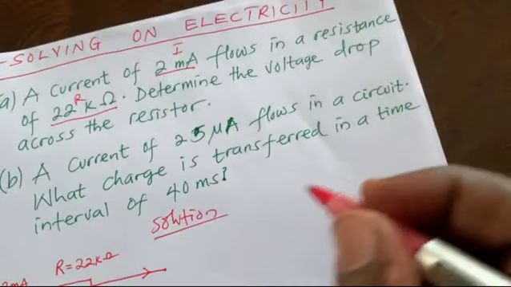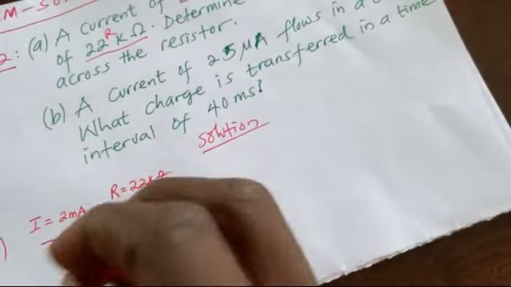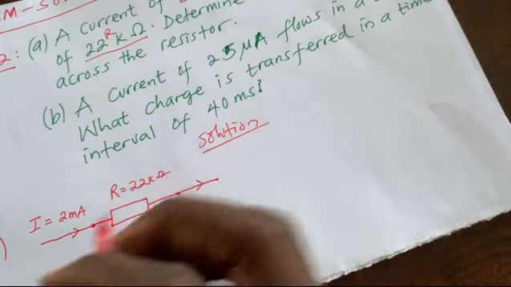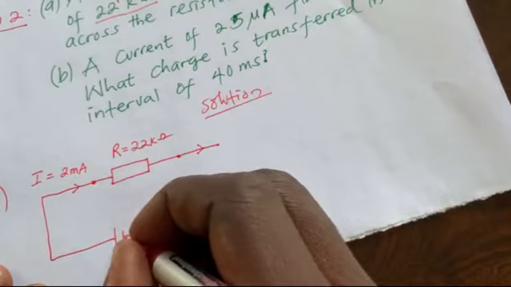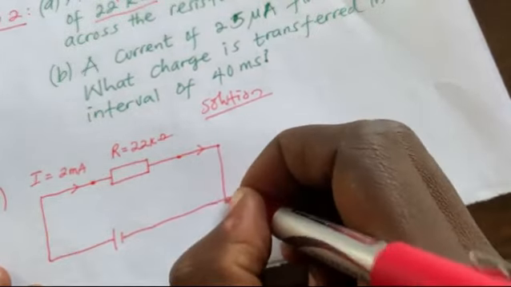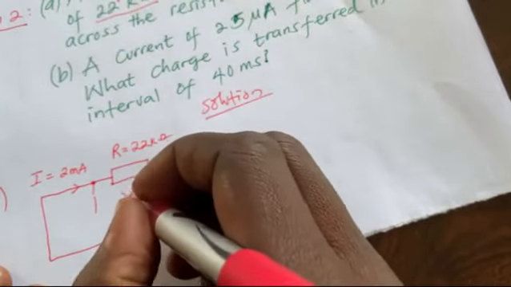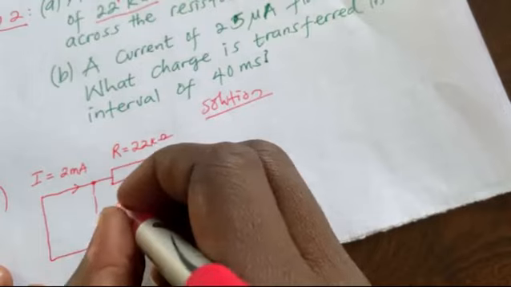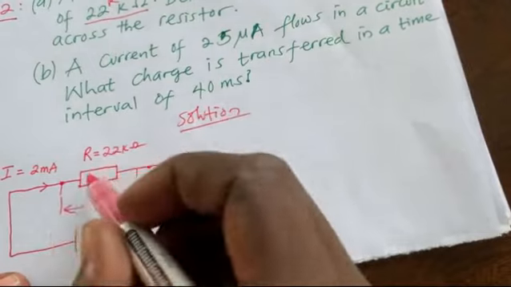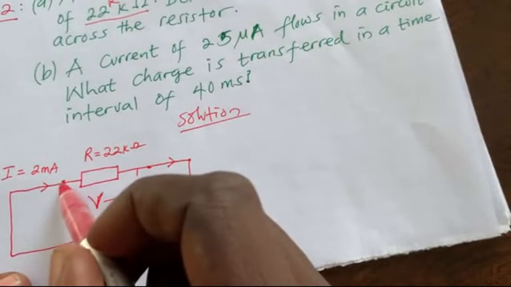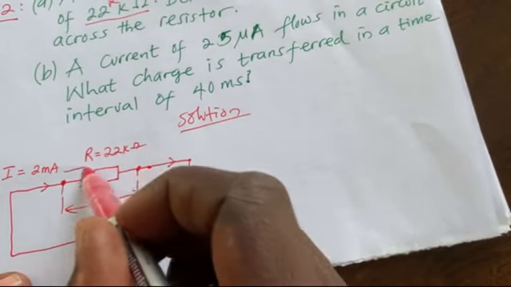Now the potential difference is what you are asked to find. Determine the voltage drop, meaning between this point, if this is connected in a battery, then there will be a voltage drop across this resistor, and the voltage drop is given by V. The voltage drop is the work done in moving a unit positive charge from one point to another across the resistor.